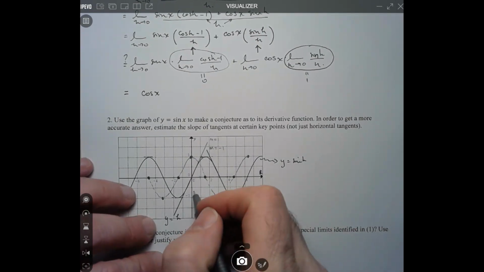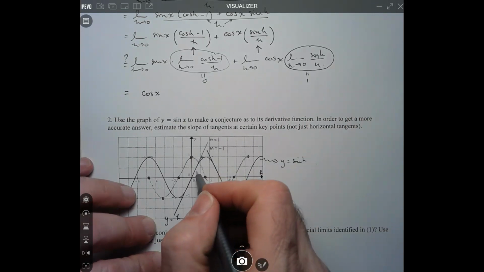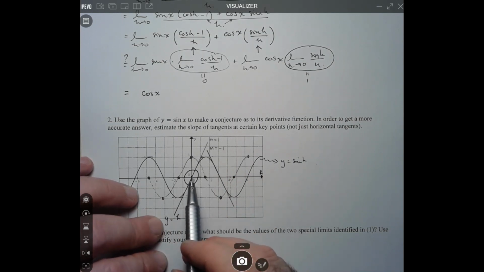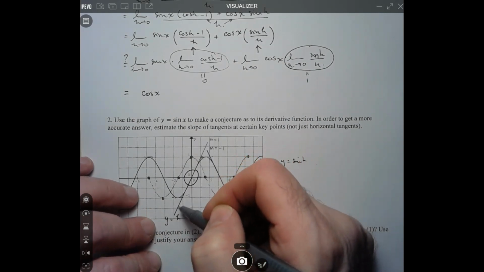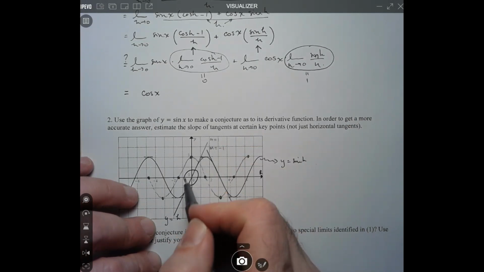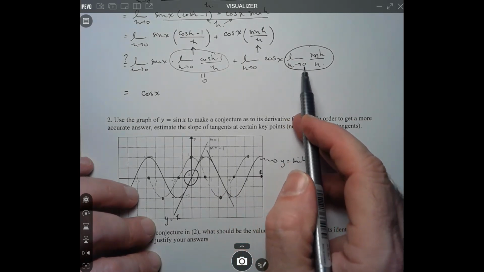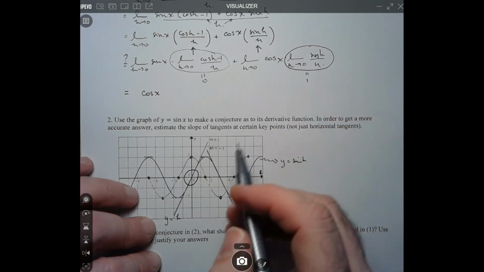And look near 0, because remember, I'm taking the limit as h approaches 0. So I'm only interested in this part of the graph as h approaches 0 from the left and right. And look at that. Look at the function sine h, and look at the function y equals h. Near 0, they're almost identical to each other. So what are we doing? As h approaches 0, I'm dividing two numbers that are closer and closer to each other.